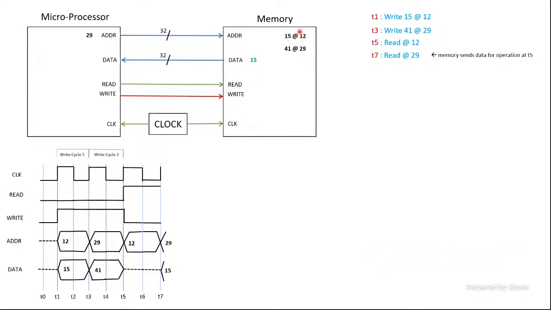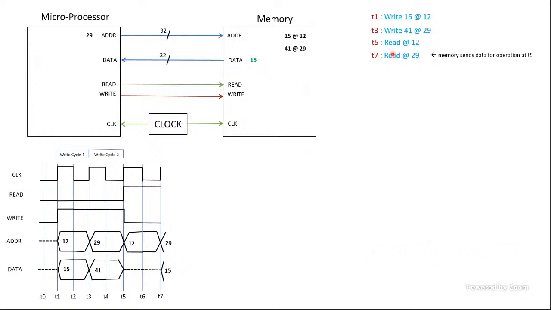It means it fetches those values from the memory storage and sends the data towards the microprocessor. So look at the arrow of this data line now, it is sending the data over there at the T7 time point. At T7, two things are happening simultaneously.